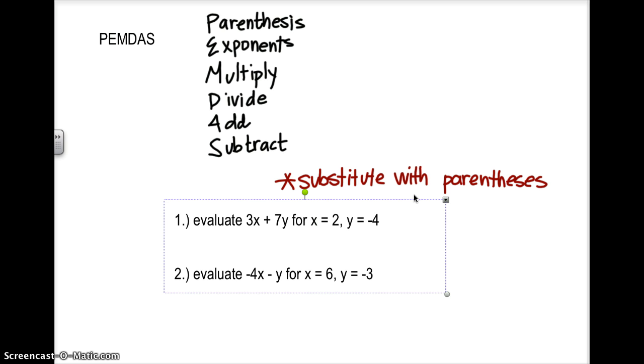Start by substituting with parentheses. So what I mean is this 3x is 3 times 2. Put parentheses there. 7 times y, where y is negative 4. Okay, so then you're going to get 6 plus a negative 28 equals negative 22. That's the evaluation you're going to do.